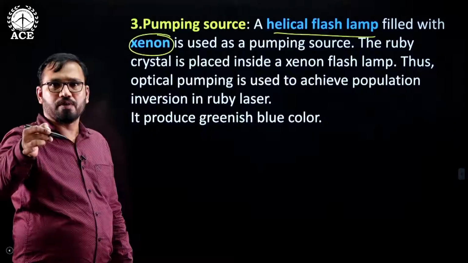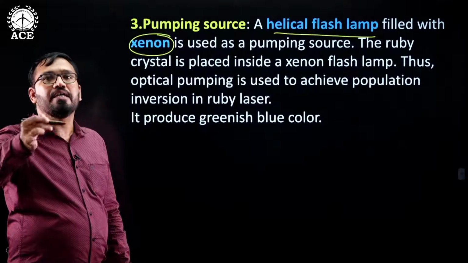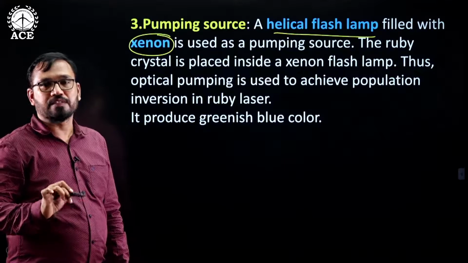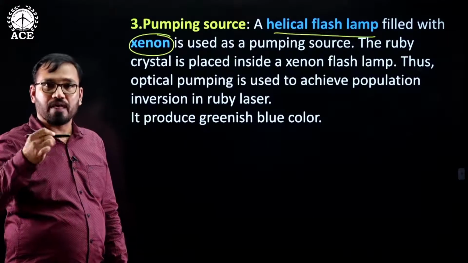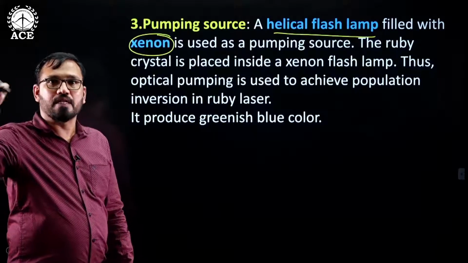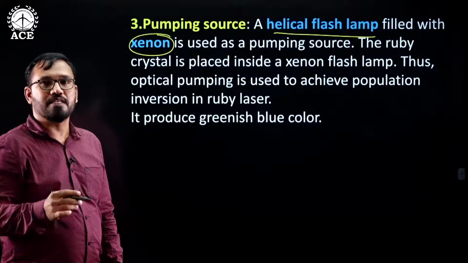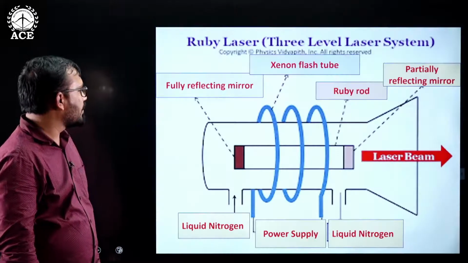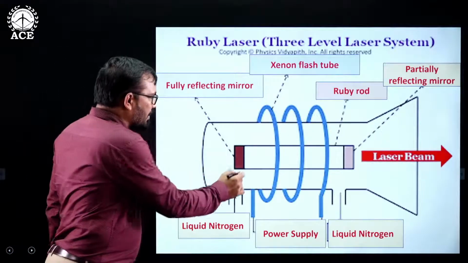When it is given a power supply, that flash lamp will generate greenish blue light. Which kind of pumping mechanism are we using? Optical pumping. How do we generate that light? By using a helical flash lamp enclosed with xenon gas. See here, this is the construction. So in between, what is this one?